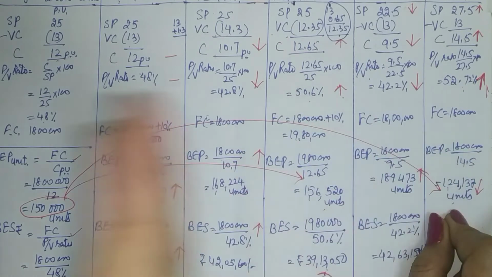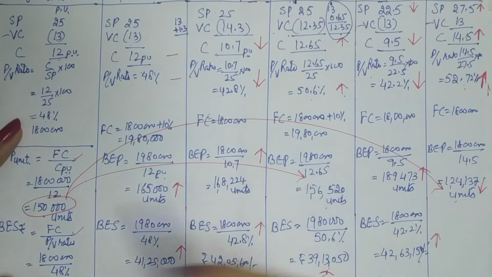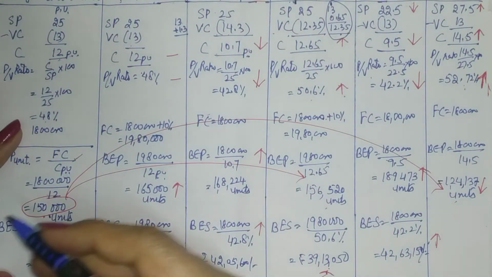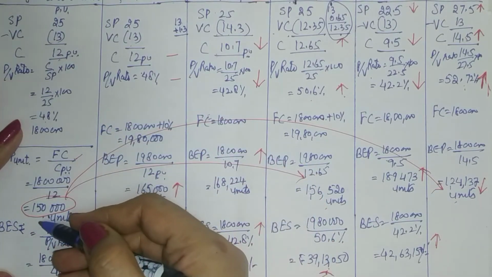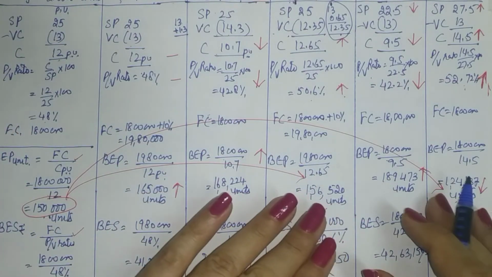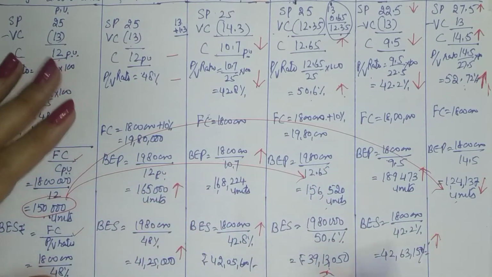Whereas in the present scenario, you had to sell 1,50,000 units to start making profit, because this was your break-even point. So break-even point has reduced and it is favorable to the company.